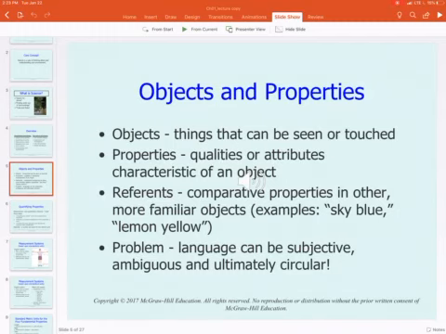References are things that we can refer to, but they aren't the actual object themselves. So we could say this object is kind of sky blue. Well, you immediately think of the blue sky, and so that helps you to identify what that means. And then problems are language that can be subjective and ambiguous and ultimately circular.